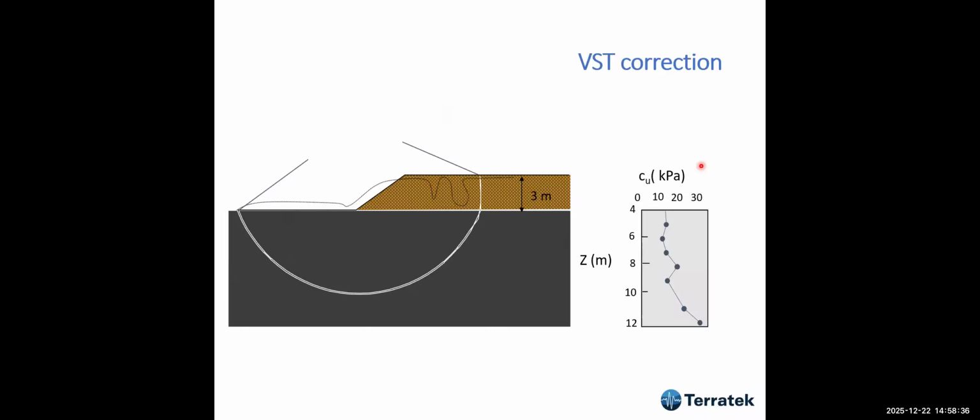But today, I don't believe in that finding that I proposed in 1976, when the embankment was built. Today, I suggest that most vane results should be corrected, for the sake of safety, with a correction factor of about 0.7.